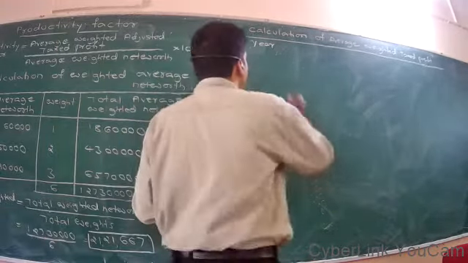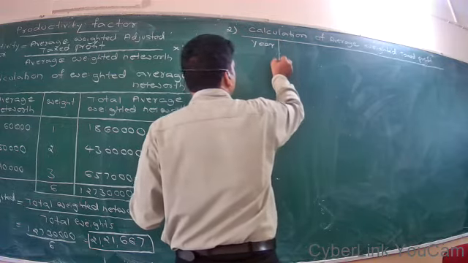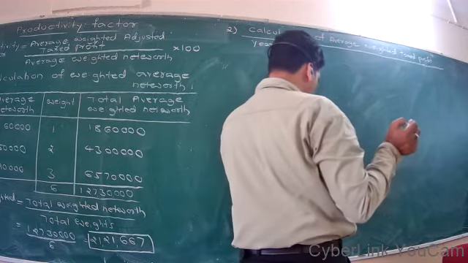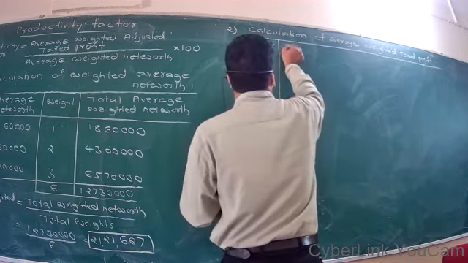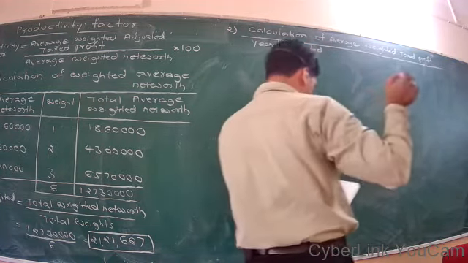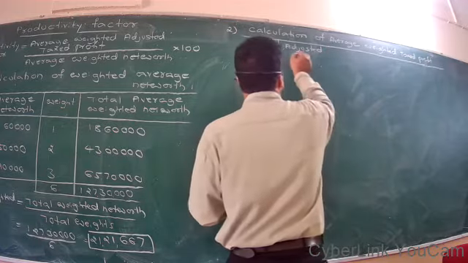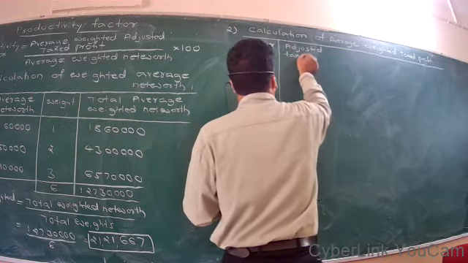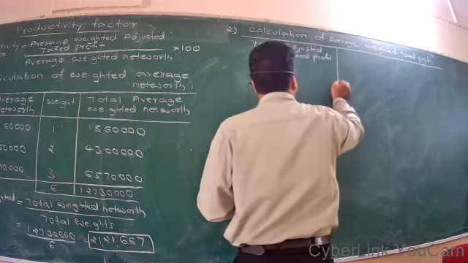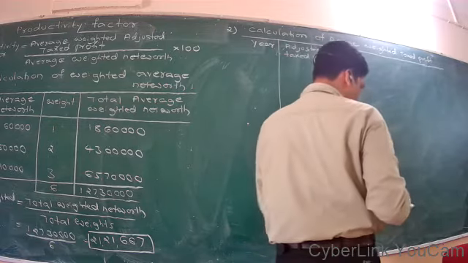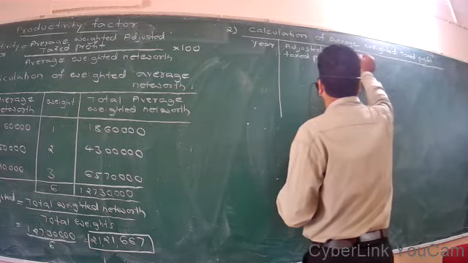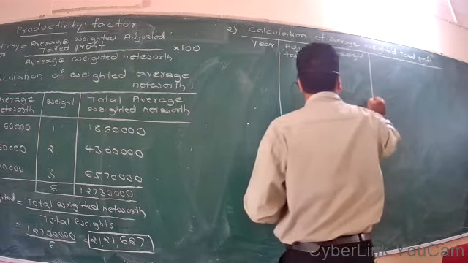First one is here. Then second one is adjusted tax profit. Then weight.